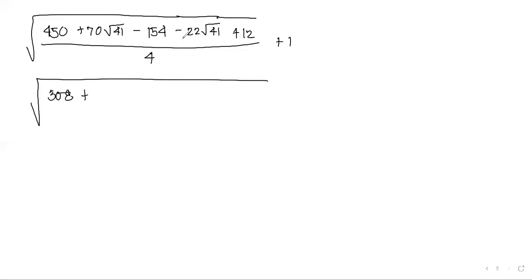So 70 minus 22, that's 48. And 48 square root of 41 over 4. And so take note 4 is a perfect square. Yeah, perfect square. So ibig sabihin, kapag in-square mo yan, makakuha ka ng integer, which is 2.